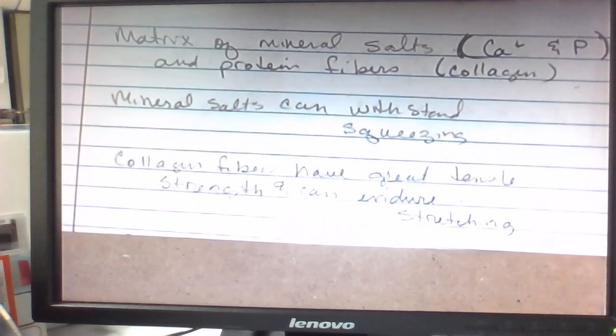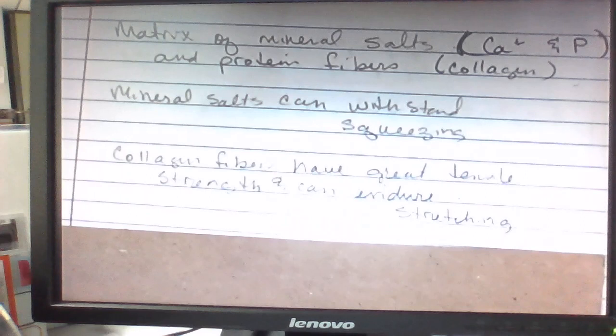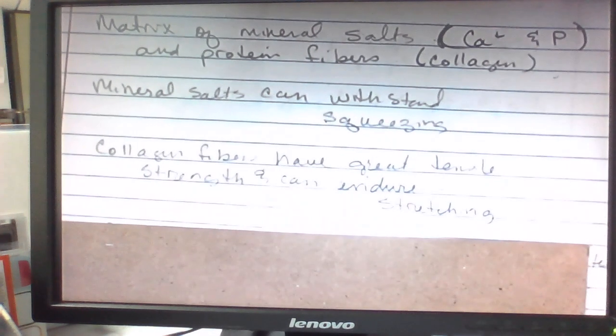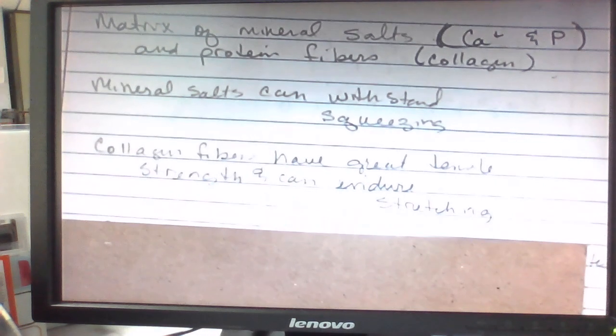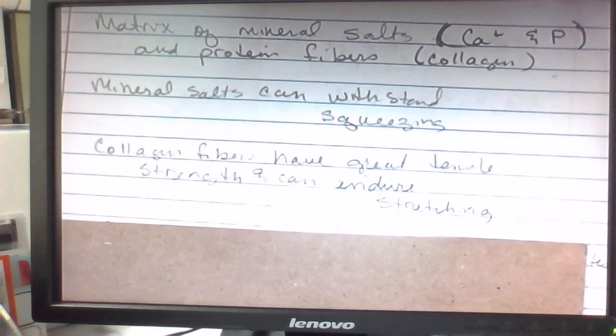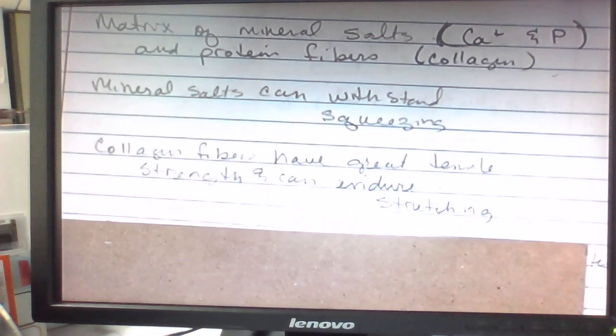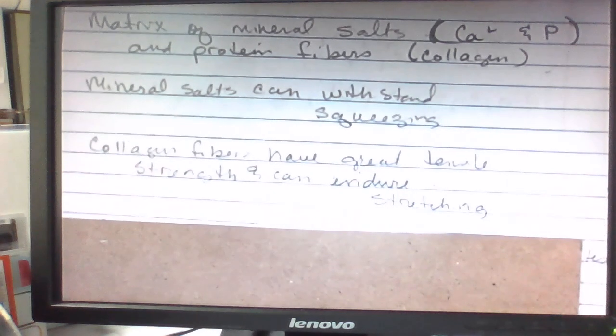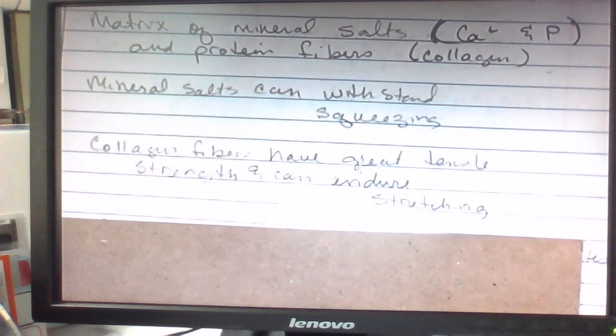So the mineral salts help it to withstand compression. Collagen fibers help it to withstand the tensile forces, the stretching forces.